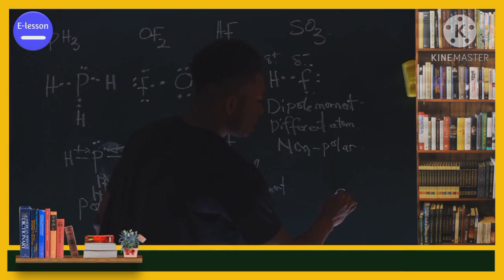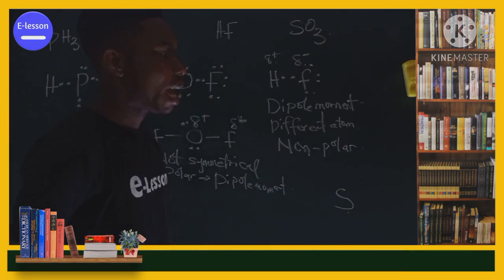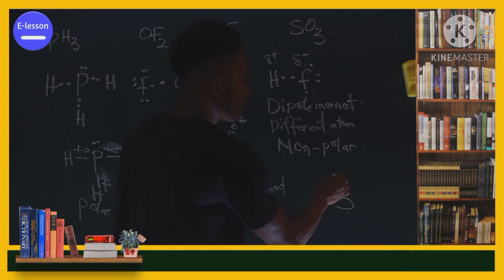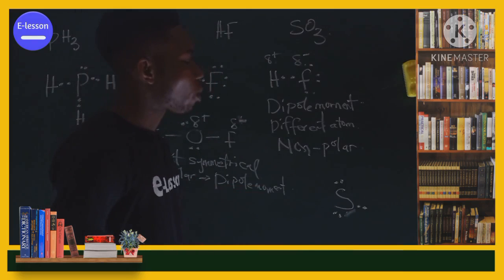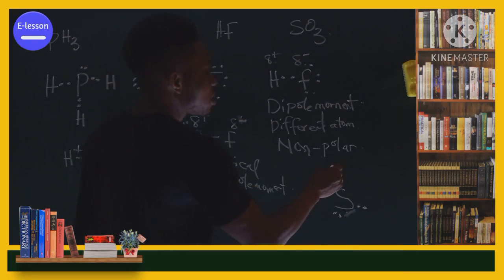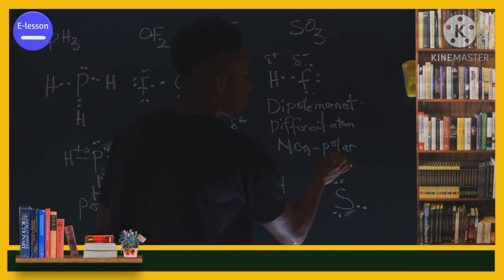Now SO3 has S as the central atom. Then we have oxygen. Sulfur has some electrons, let's say it has this. Now oxygen needs how many electrons to complete its atomic shell? It needs 2 electrons each to complete its atomic shell.